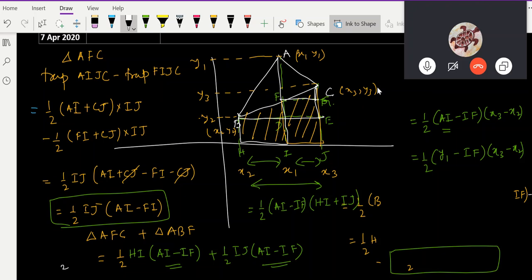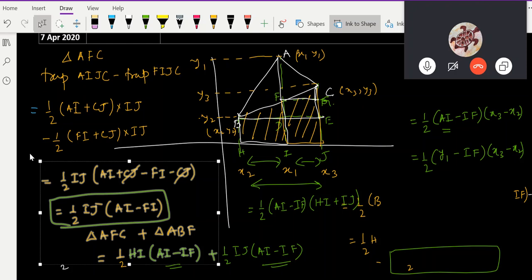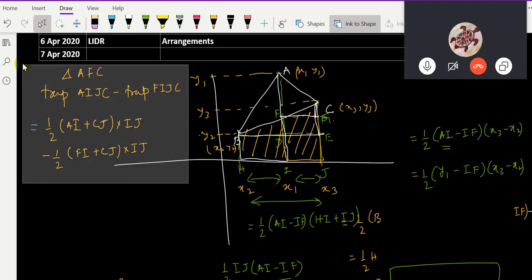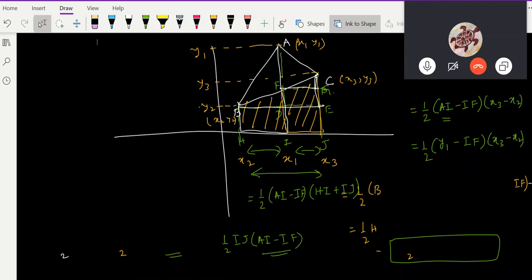Now look at triangles CFG and CBE. So these are similar triangles, right?